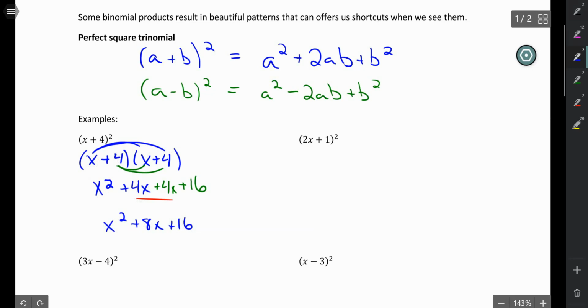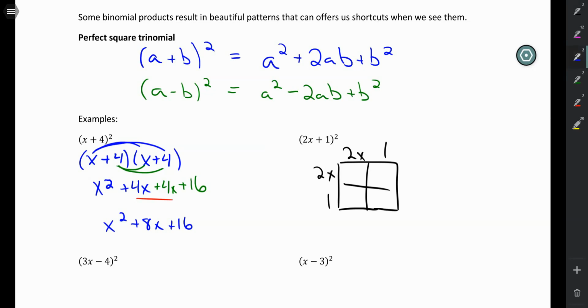Now we can take a look at what this looks like box method as well. Since we have a binomial, we will have it 2 by 2, and since it is (2x + 1) times (2x + 1), we put that on both sides. And then just multiply into the middle. So we've got that 2x times 2x, which gives us 4x squared.